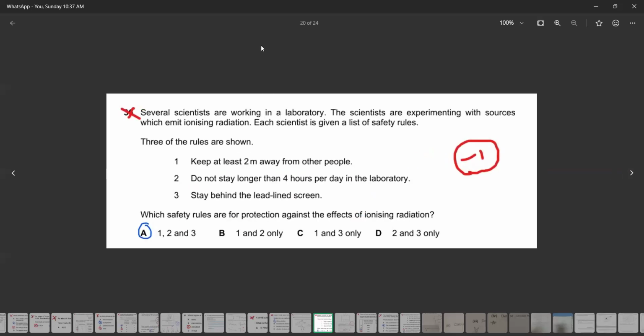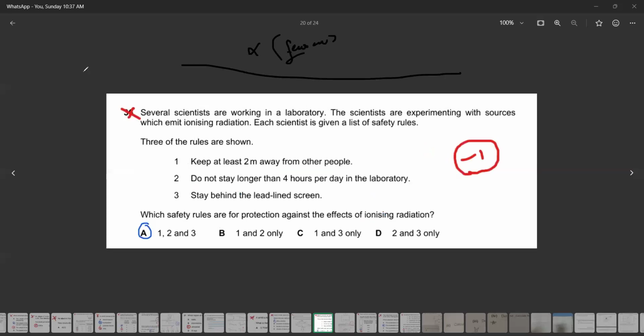Keep at least a minimum of 2 meters. Even in the lab, if you are using alpha, what is the range of alpha? A few centimeters.